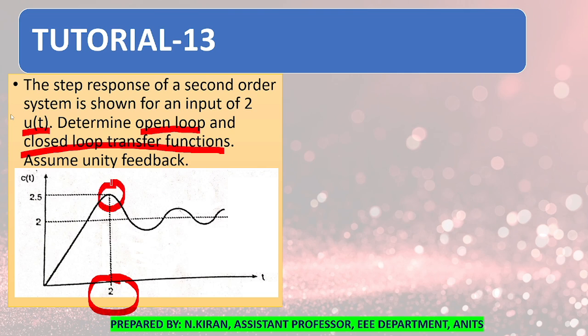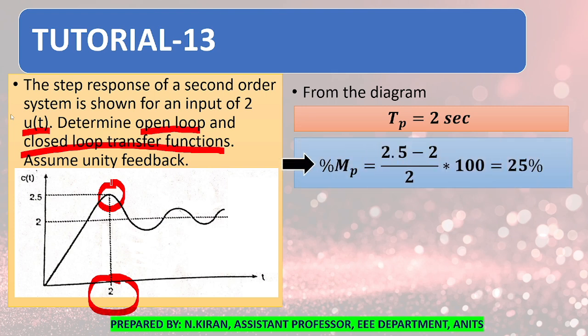So that indicates that the peak time is 2 seconds, and peak overshoot can be calculated from the graph that is given as (2.5, which is the peak value, minus 2) divided by 2 into 100. That will give me the peak overshoot as 25%.